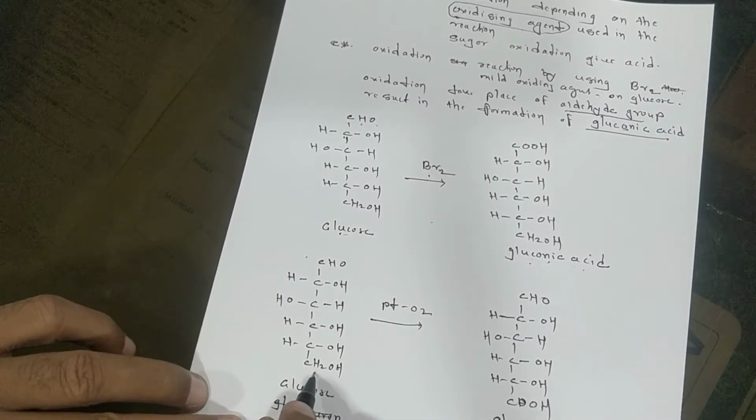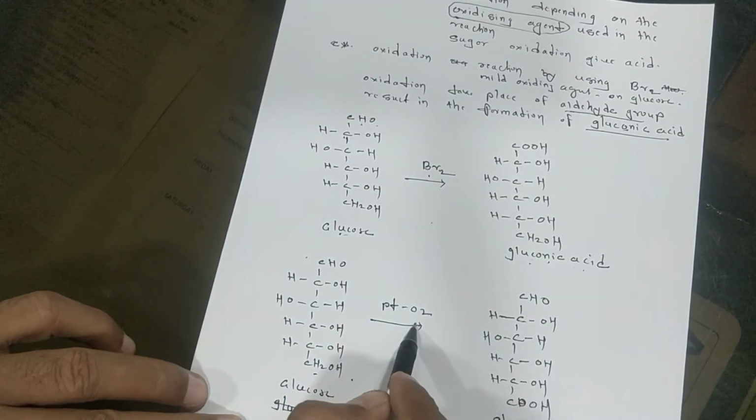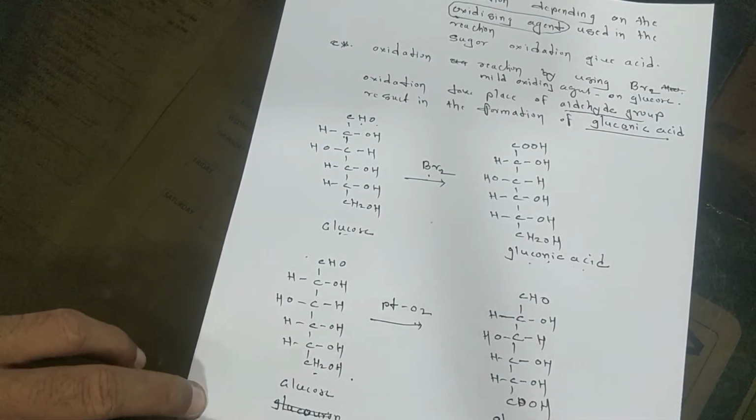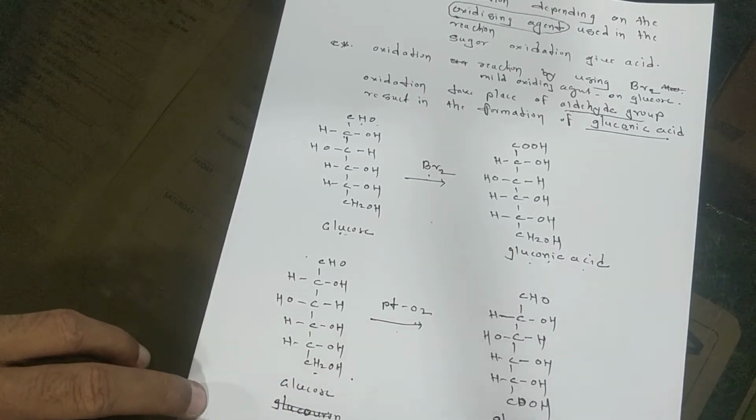Here the terminal alcohol changes, and with platinum as the oxidizing agent you get glucuronic acid. Okay.